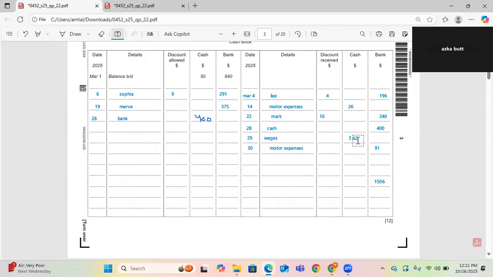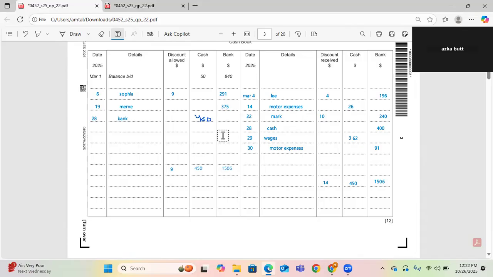So 26 plus 362 will be equal to 450. And the discount received is a total of $14. Let's write the same thing here. This is $9 discount allowed. And 450 and 1506.